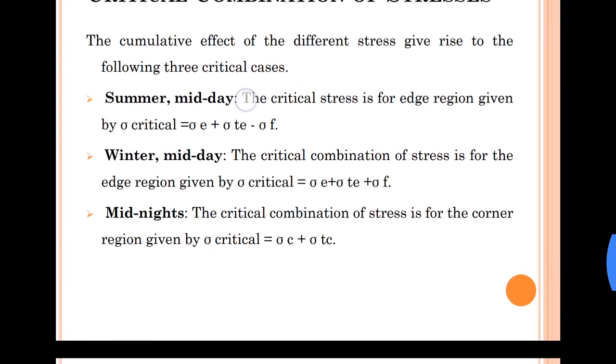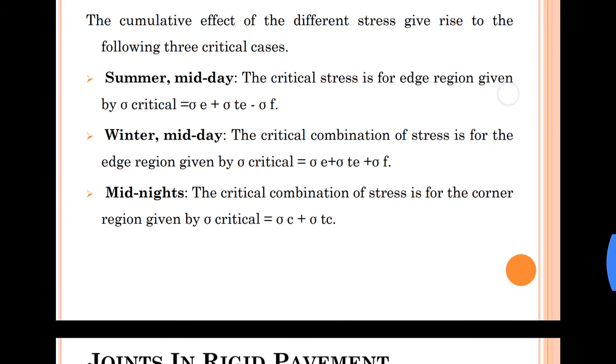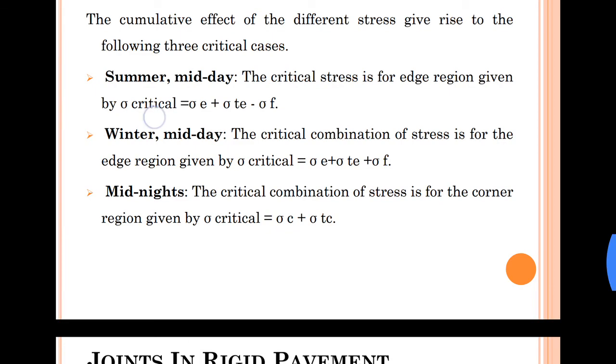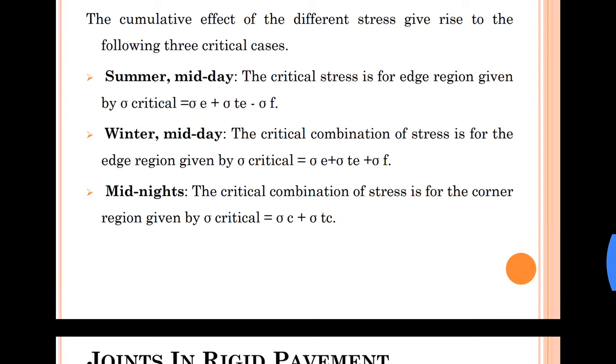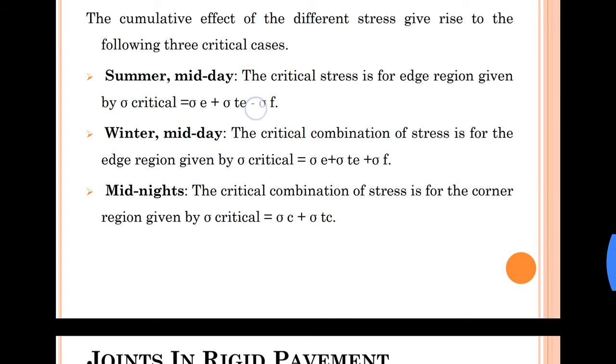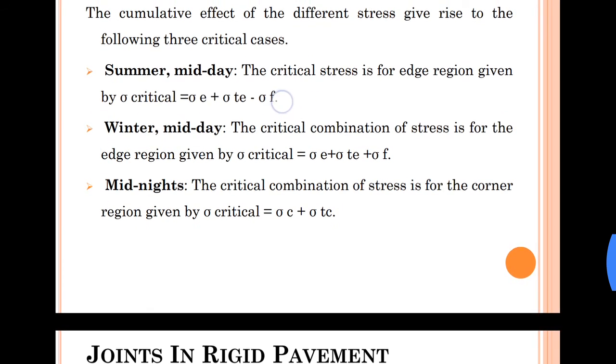For summer midday, the critical stress is for the edge region, given by sigma critical equal to sigma E, that is load stress at edge, plus sigma TE, that is warping stress at edge, minus sigma F, that is frictional stress.